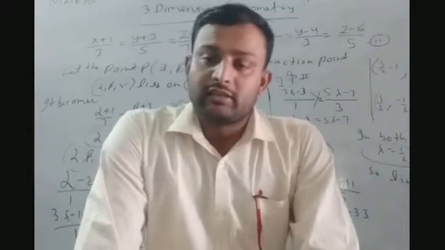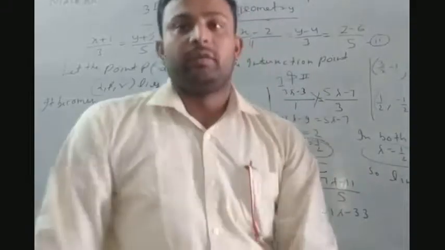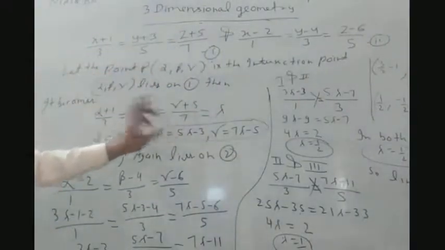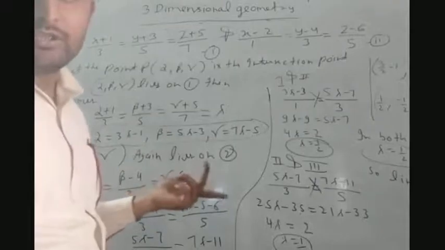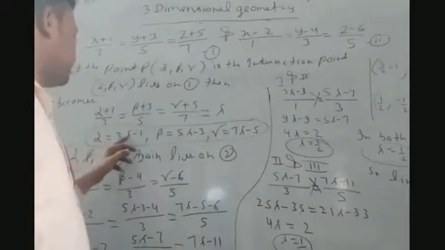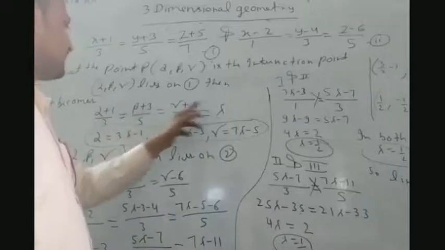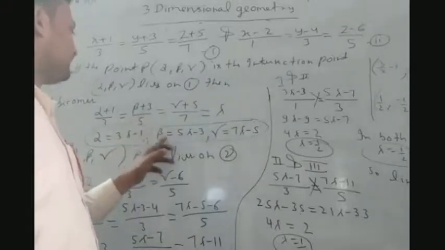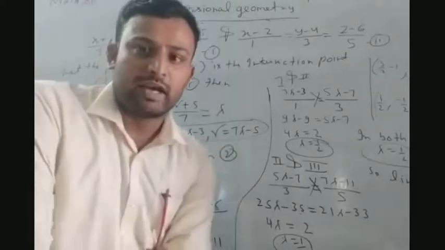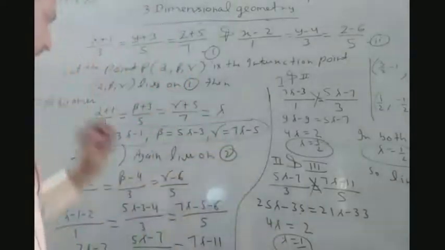So it lies on both lines. So we write first that this satisfies the first line. We write alpha, beta and gamma, and we find the general coordinate of that line. Alpha is 3 lambda minus 1 after cross multiplication, beta is 5 lambda minus 3, and gamma is 7 lambda minus 5. This will be our general point.